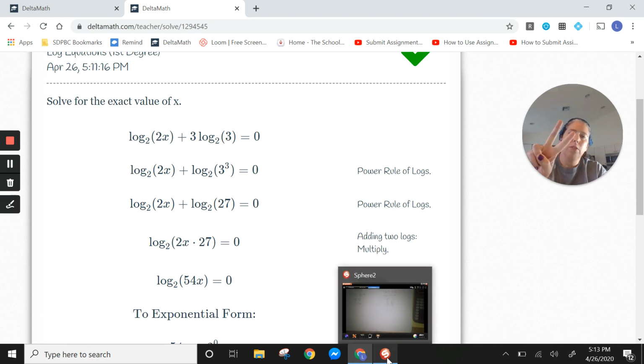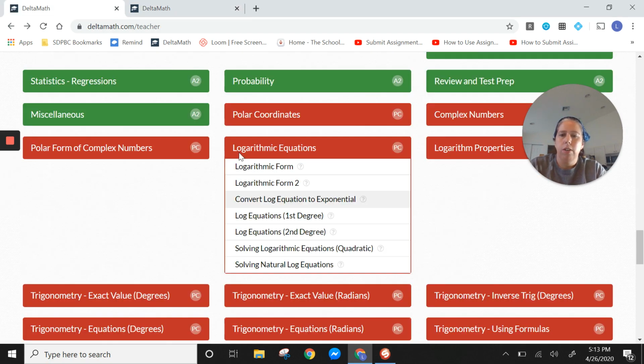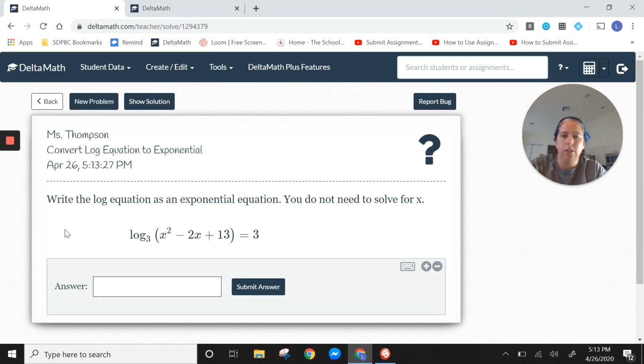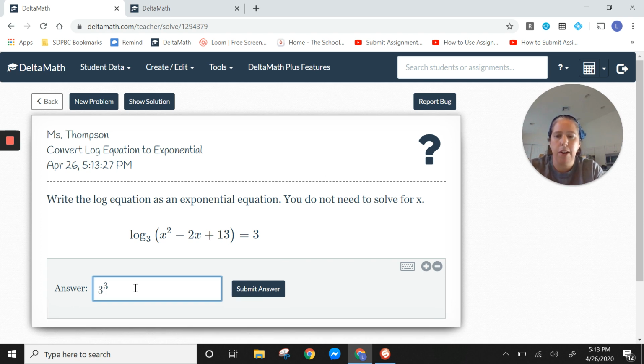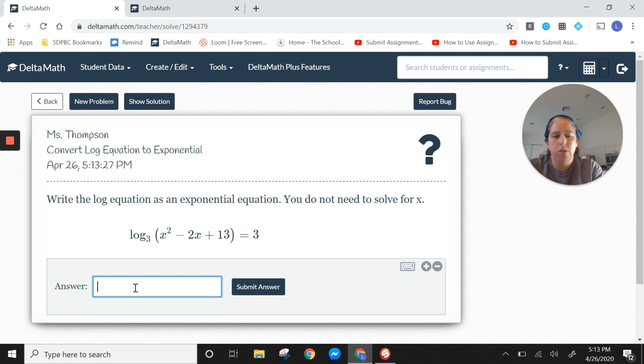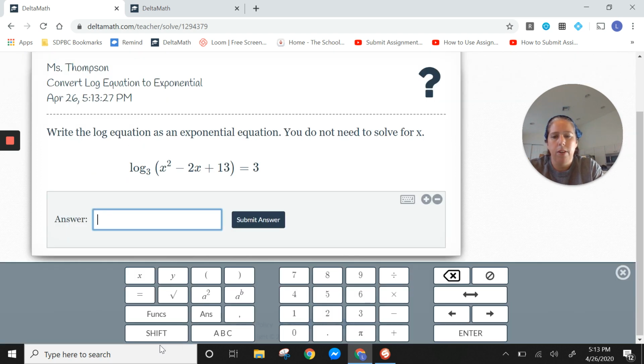You got 2 Delta Math assignments. One is what I showed you earlier, converting to logs, so that's this. Watch out for that. Let's just do this one real quick. So this would be 3 raised to the third power. If you want to use the keyboard, so 3, there's my exponent button right there.